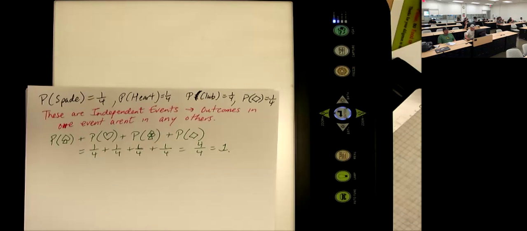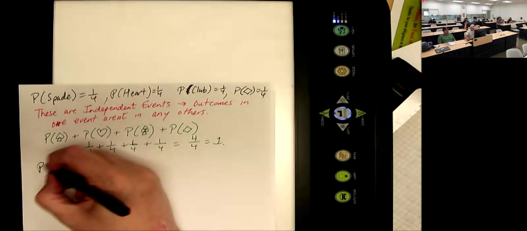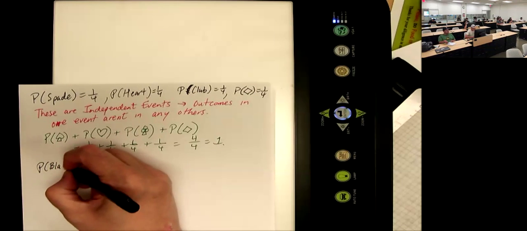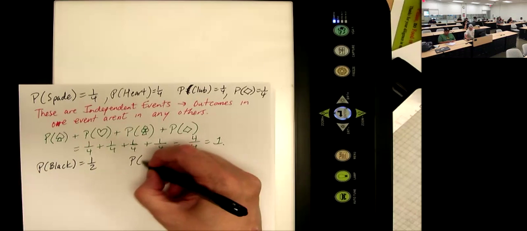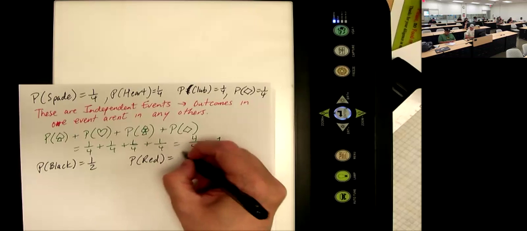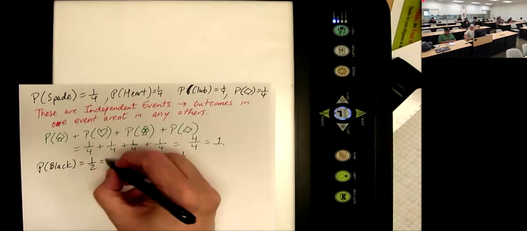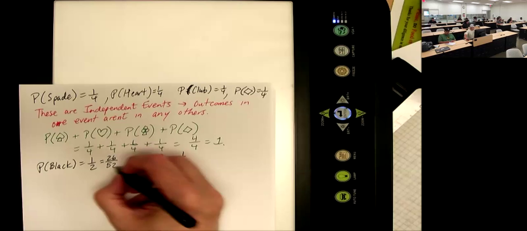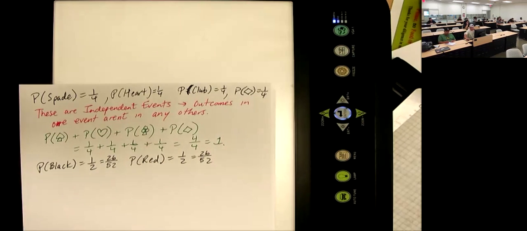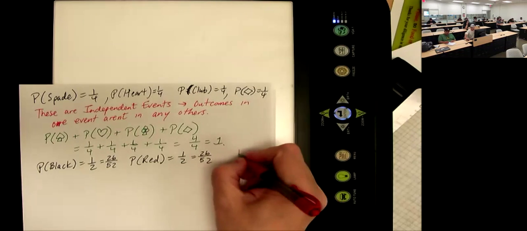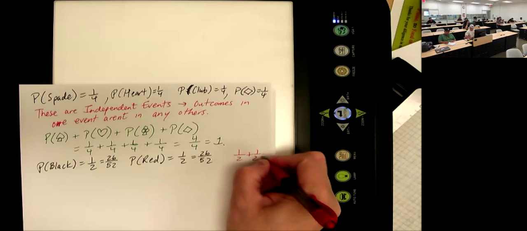Now, these events have to be independent. The probability of drawing a black card is 1/2. And the probability of drawing a red card is 1/2. Each of these have 26 cards out of a total of 52. These two add up to 1 also. 1/2 plus 1/2 equals 1.